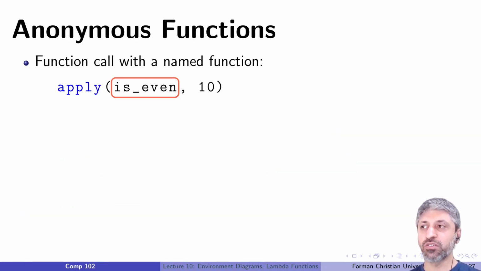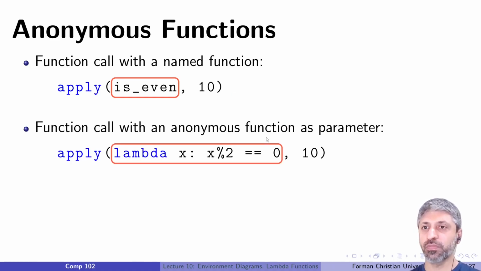We have a function called apply, and that takes a function as a parameter, and another parameter is a value 10. In practice, you can use either one. Apply is even basically this one, and also this one, in which you are passing the entire function as a parameter.